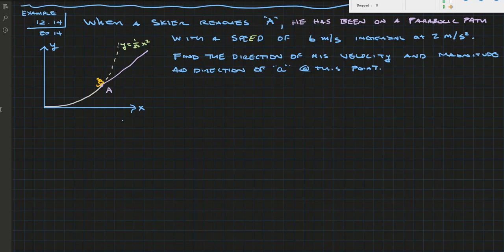Now we can define, obviously, a tangent here and a normal. Let's put these as unit vectors, u tangent and u normal here.